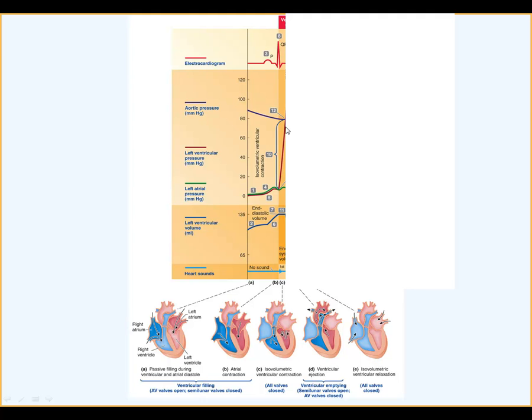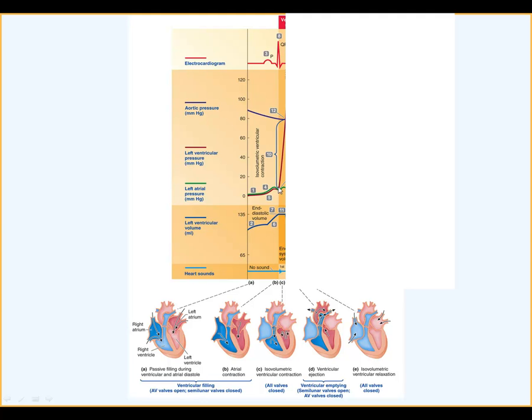Because the pressure inside the ventricles has exceeded the pressure inside the atria, and therefore these valves will shut, preventing the pressure inside the atria from going to the same level as inside the ventricles. When you shut these valves, that will cause your first heart sound. Sounds good?